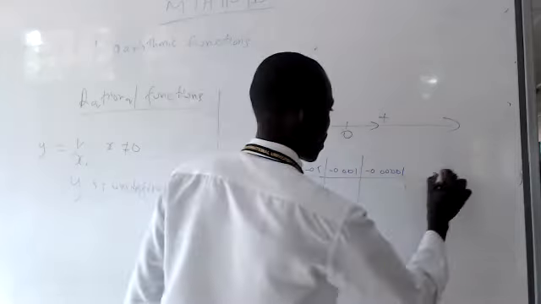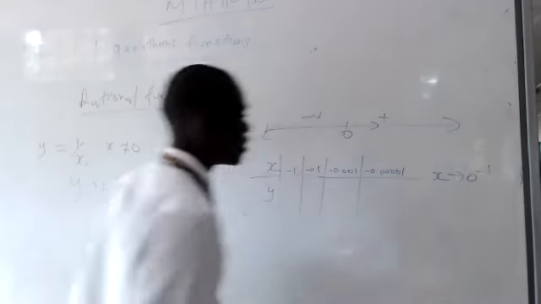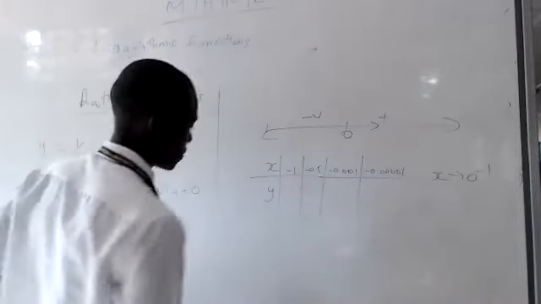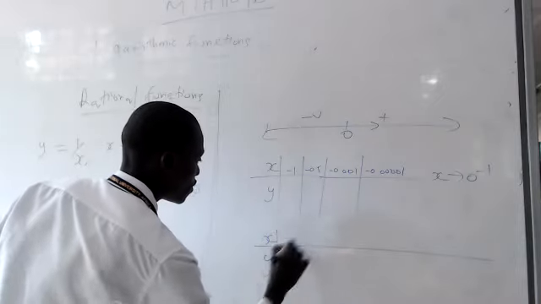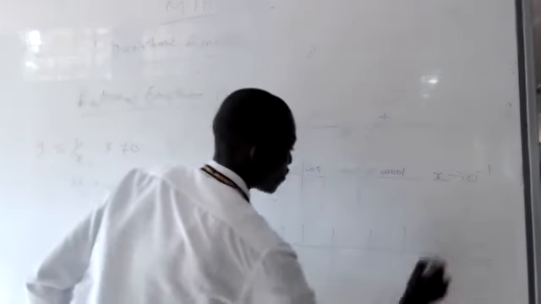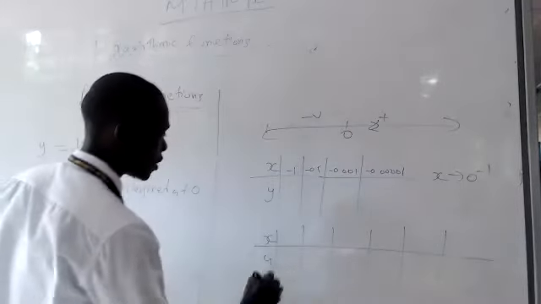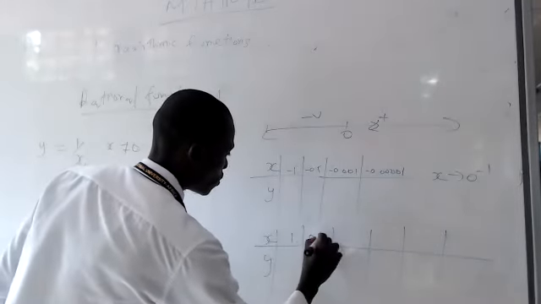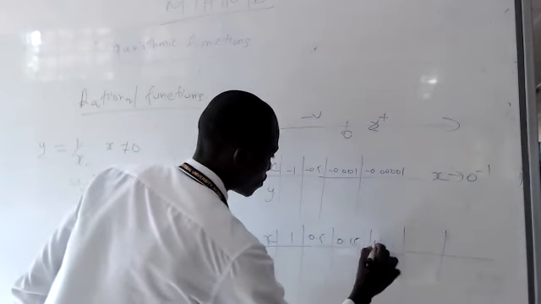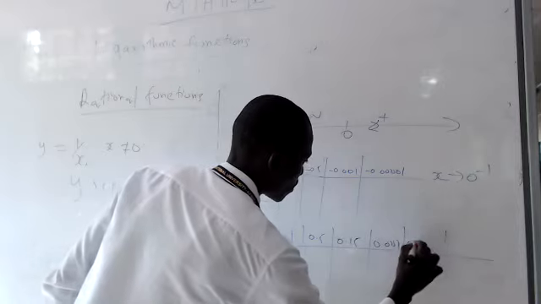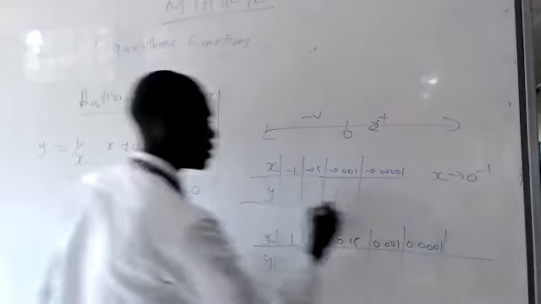This is x approaching 0 from the left-hand side. Then down here, I want to approach from the positive side. Let's say we start with 1, go to 0.5, 0.15, 0.001, 0.0001.